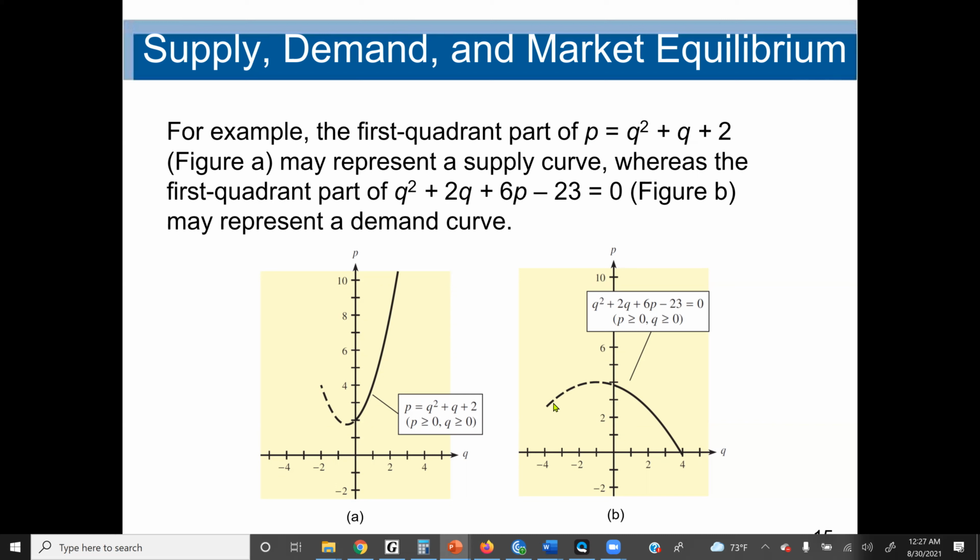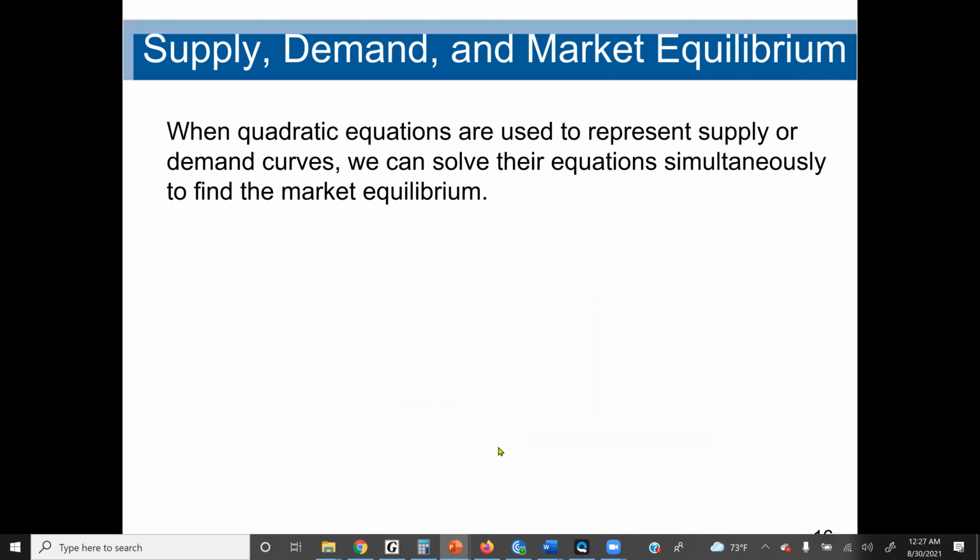Then our second graph, we have Q squared plus 2Q plus CP minus 23 equal to 0. Again, both P and Q must be at least equal to 0. If it's 0, that means there's nothing, the quantity is empty. But both P and Q cannot be negative values.